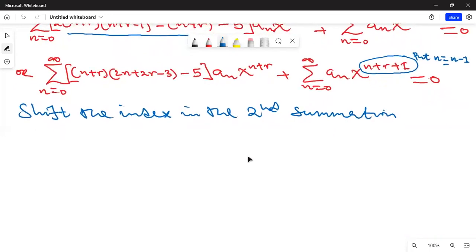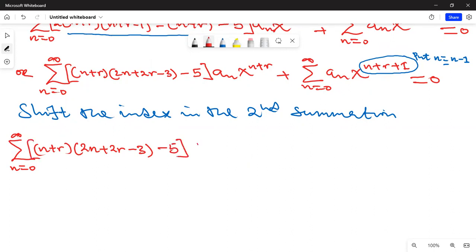So this is what you're going to get. It will now be the sum from n equals 0 to infinity of n plus r times 2n plus 2r minus 3, then minus 5.